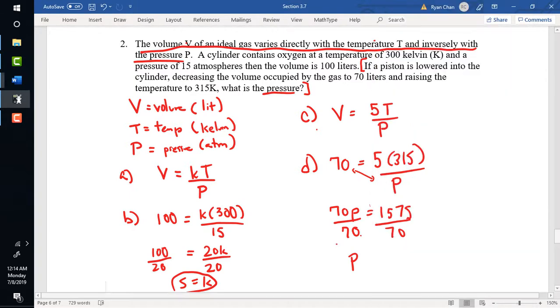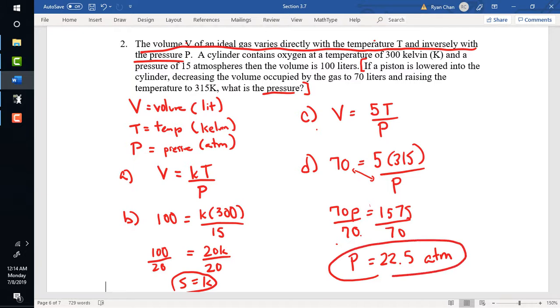P is equal to 22.5. Make sure your label is going to be ATMs. So this is what a compound problem looks like. Compound will never directly state that it's compound. It'll just be a combination of one of your three.